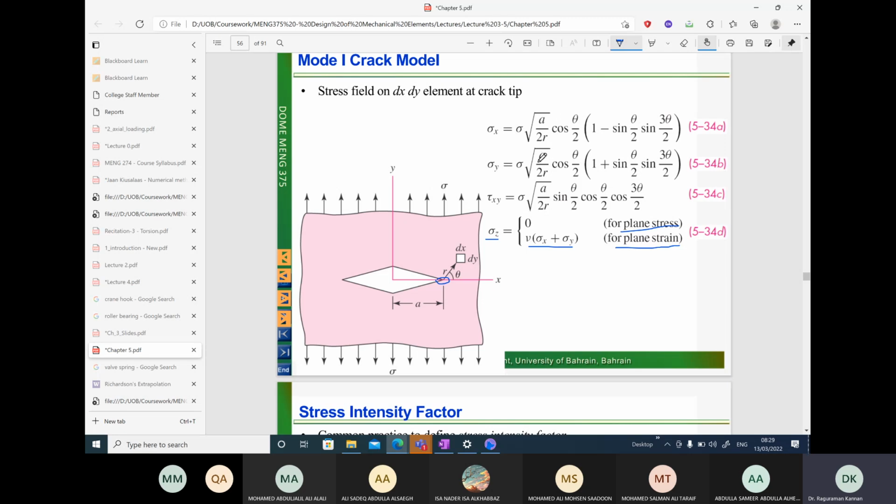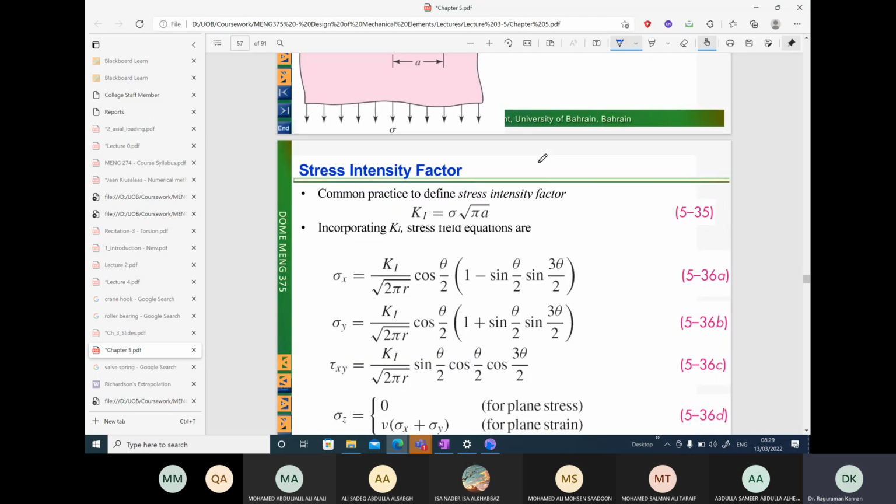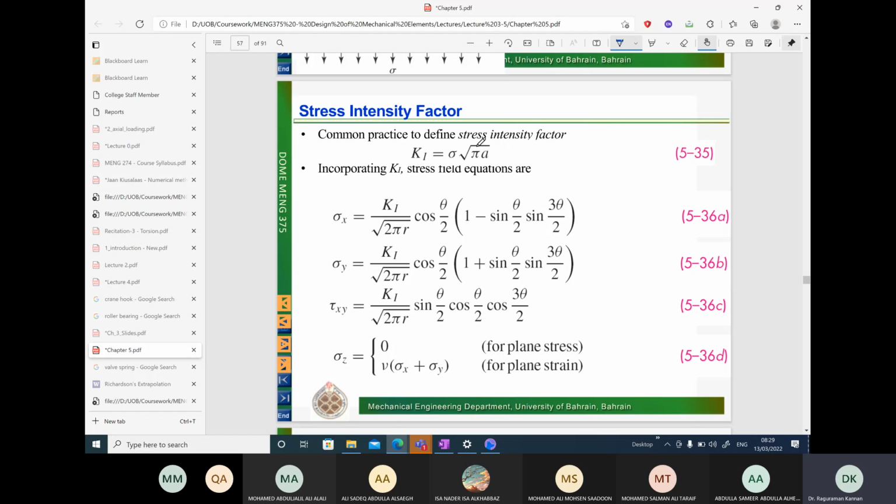Now we are going to further reduce this formula from experimental observations with the help of a quantity which is called the stress intensity factor. So instead of the stress concentration factor, what we are going to use is the stress intensity factor. This is the factor we will use in the calculations for crack propagation.